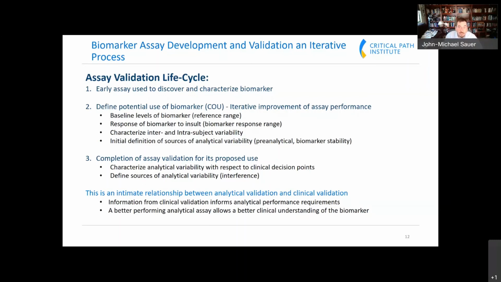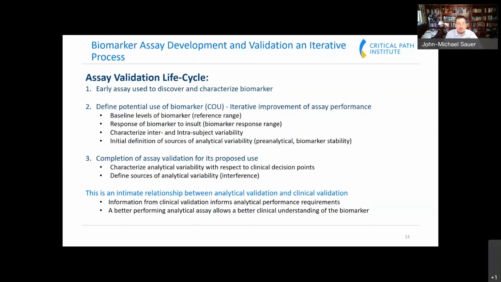And then hopefully at the end, what we'll be able to do is come up with a fit for purpose assay that's able to analyze that biomarker for that given context of use, and importantly, the group that we're trying to actually measure the biomarker in, right? So its use, the specific patient population, and then how that biomarker is going to be actually applied clinically.